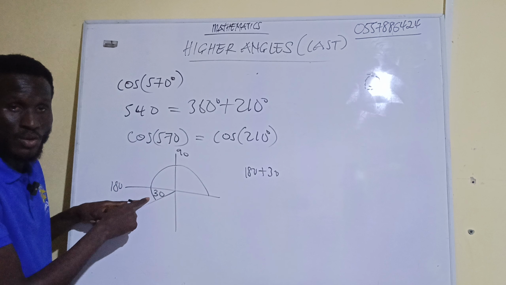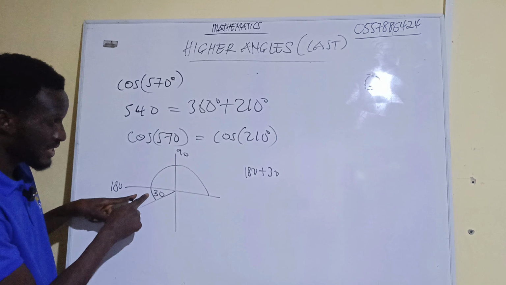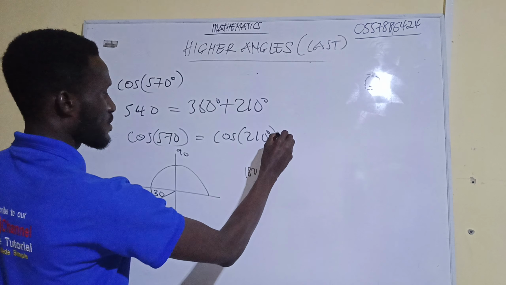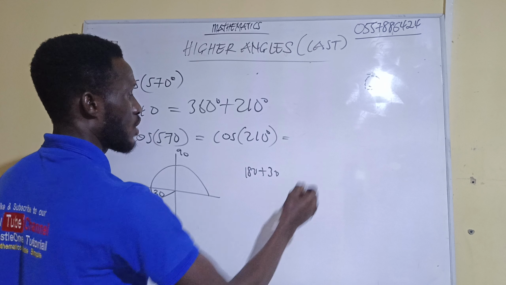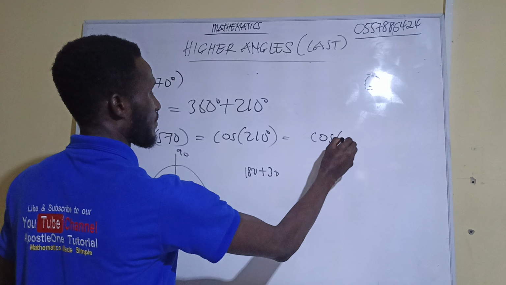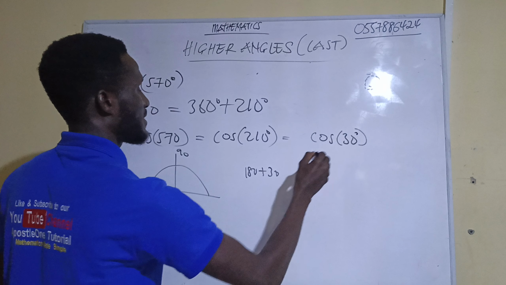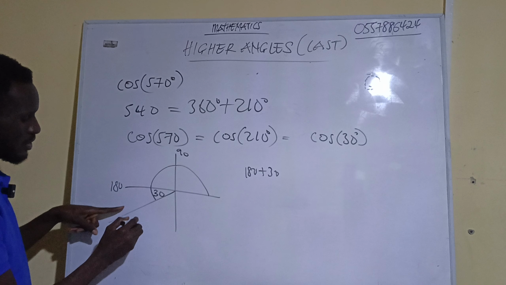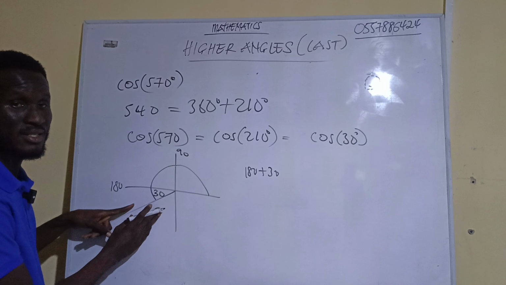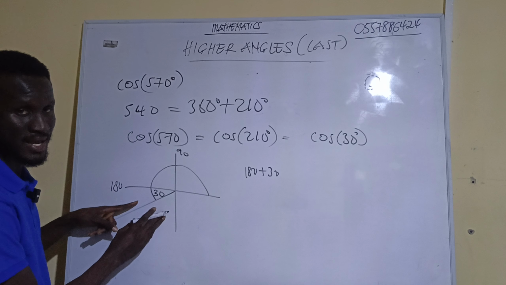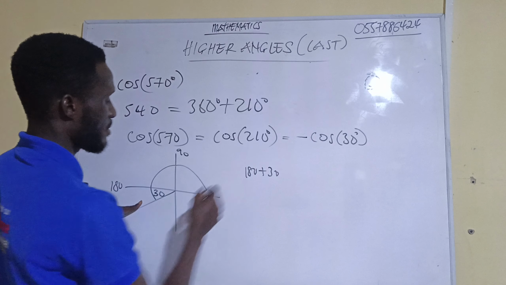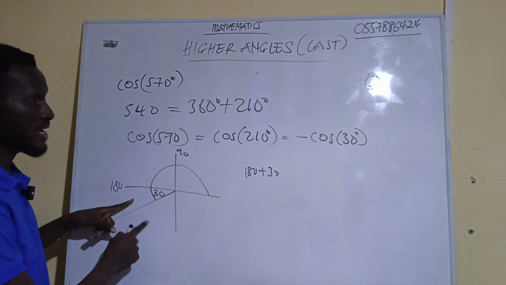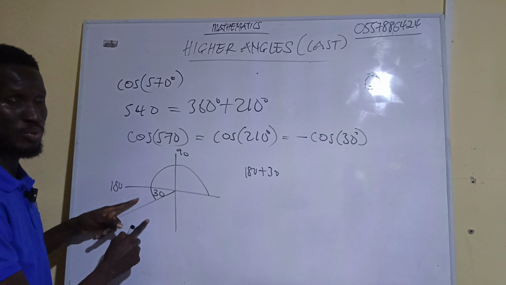Now, what is the angle along the x-axis? The angle along the x-axis is the 30. So I will say that this cos 210 is also the same as cos 30, because the 30 is the angle along the x-axis. Yes. Now, looking at this particular quadrant, the cosine is negative, so I need to negate this one, because in the third quadrant, only tan is positive.